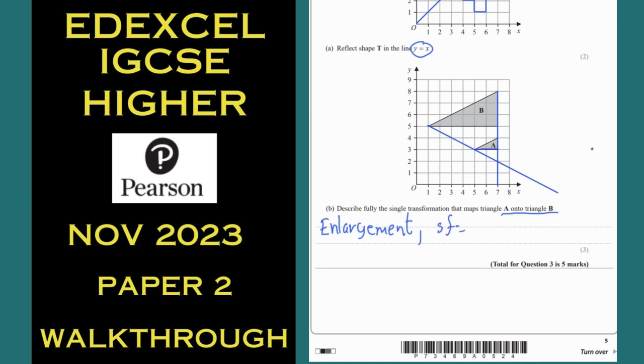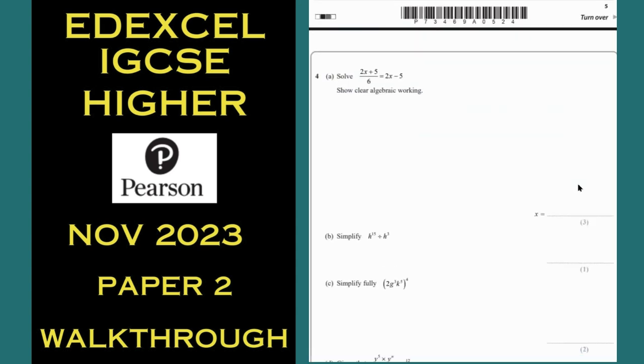Pick a side, that's 2. The corresponding side is 6. So we have a scale factor of 3. It's been trebled. But final bit, we need the centre. So that's where the rays come in handy, and the centre of enlargement, the rays cross at 7, 2. 1 mark for each bit you write down.